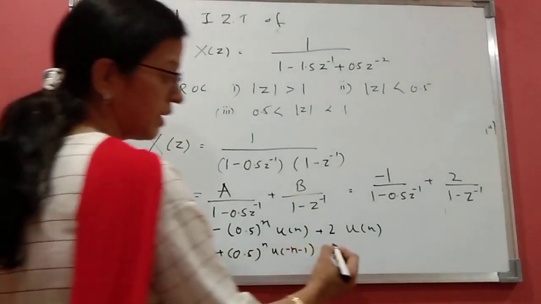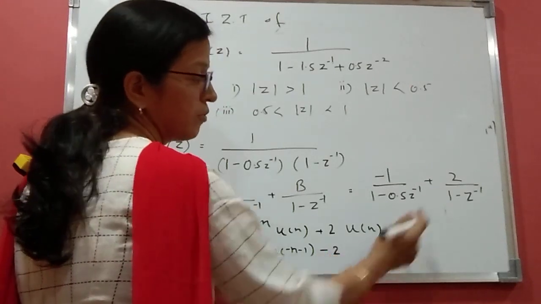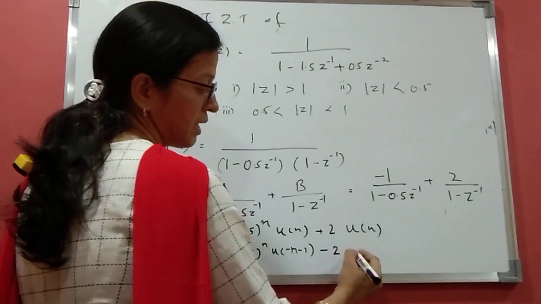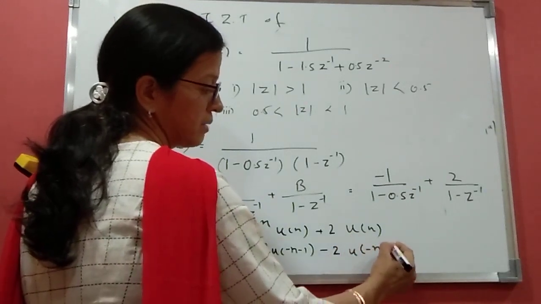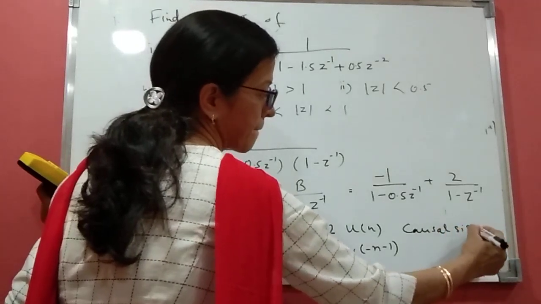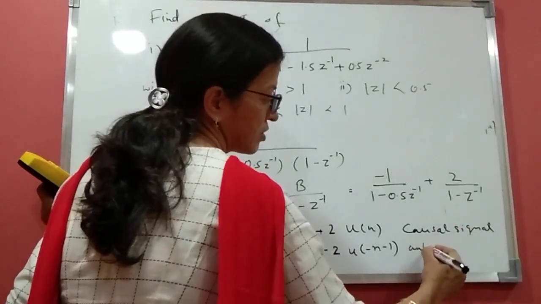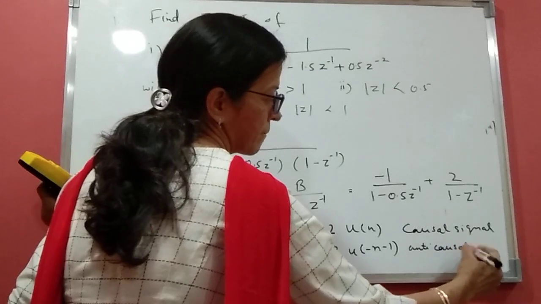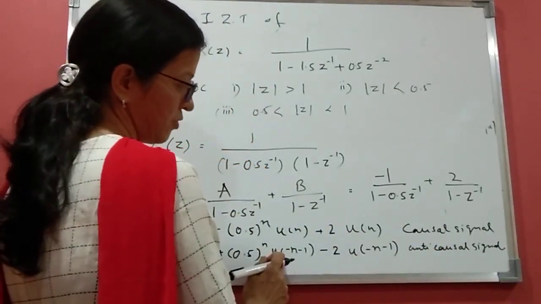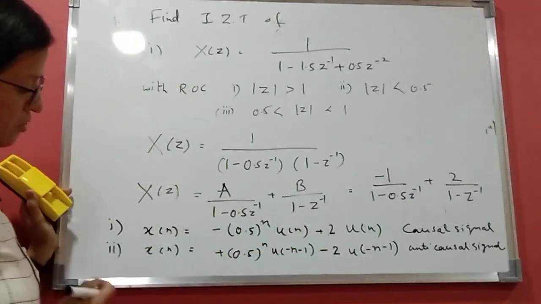Similarly, this also will be negative because it is anti-causal, so it becomes minus, and this will be u[minus n minus 1]. This shows that this is an anti-causal signal.